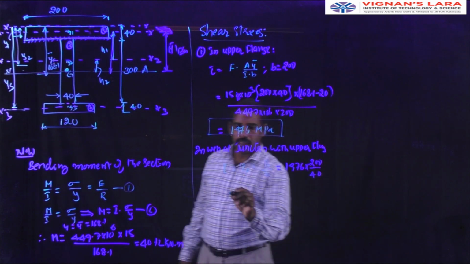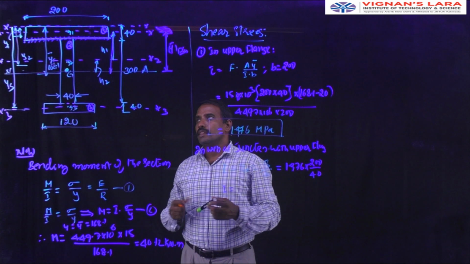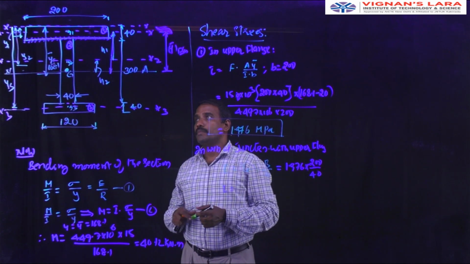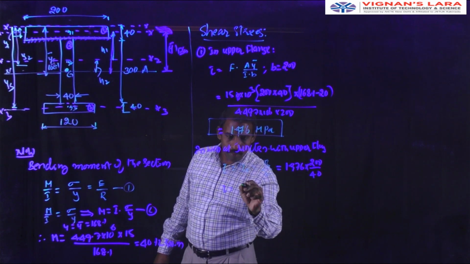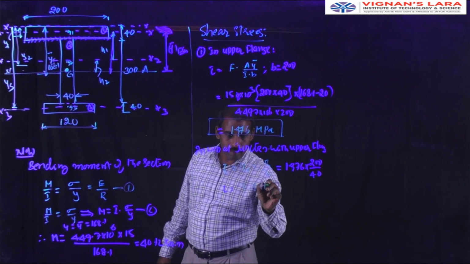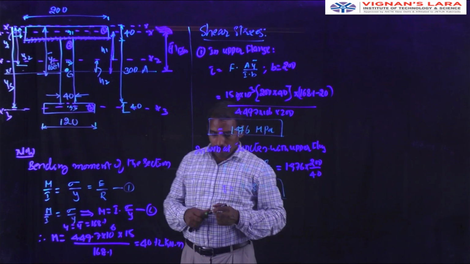So finally the stress at the junction, at the top of the web with the bottom of the flange, is 9.88 megapascals. So this is the second value.